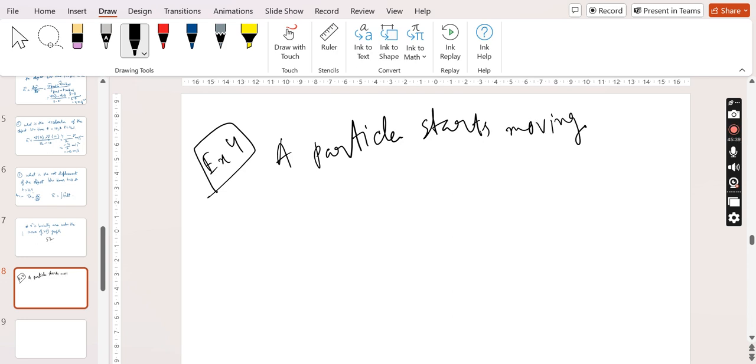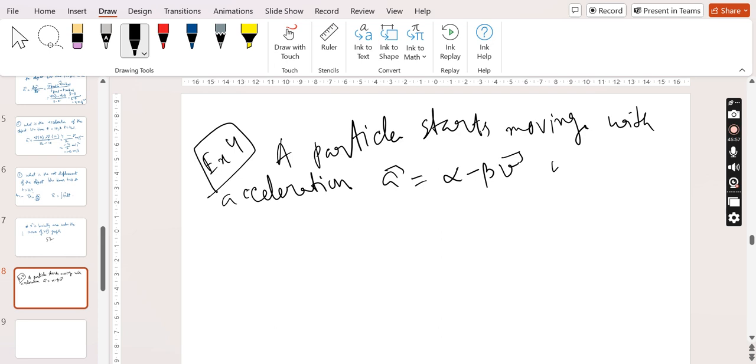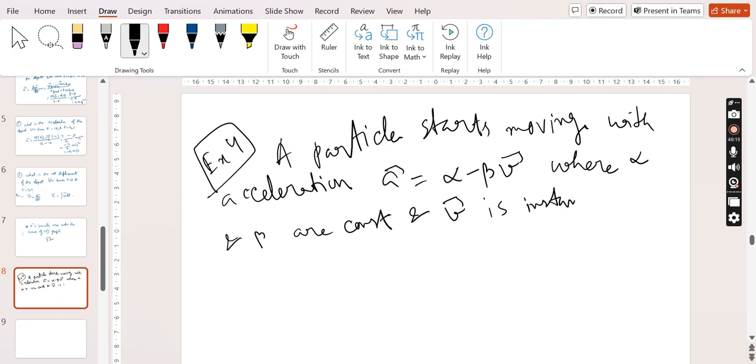A particle moving with acceleration a is equal to alpha minus beta v, where alpha and beta are constants and v is the instantaneous speed.